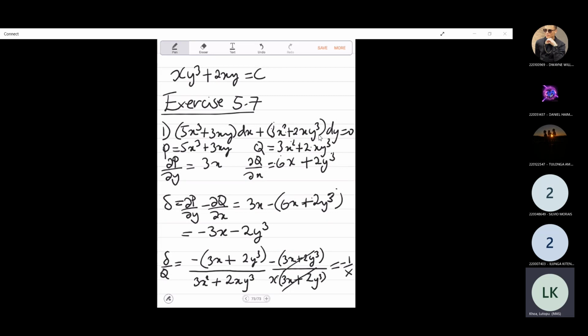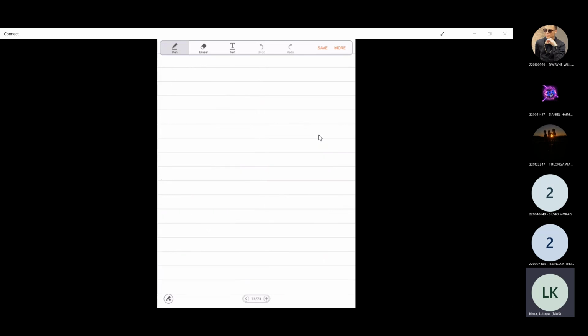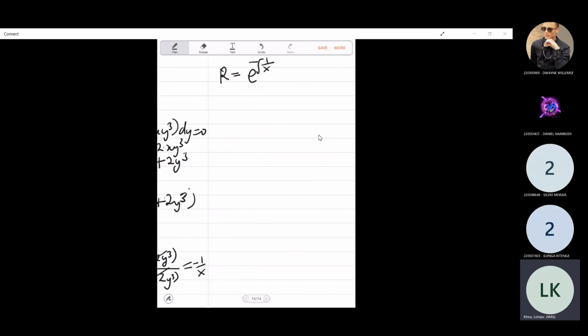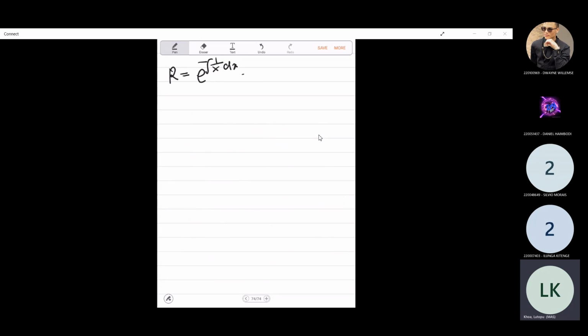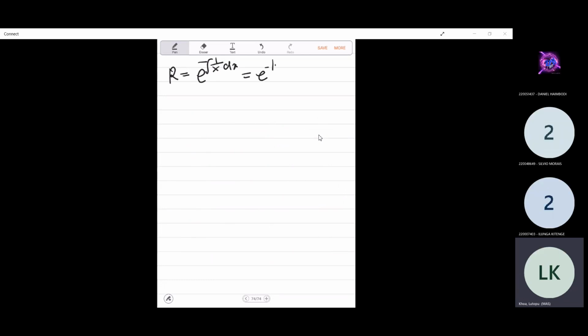Now our delta over q is a function of x only, so our integration factor r is going to be e to the power of the integral of negative 1 over x dx. It's negative because that's what we got there. Which is e to the power of minus ln of x, which is 1 over x.